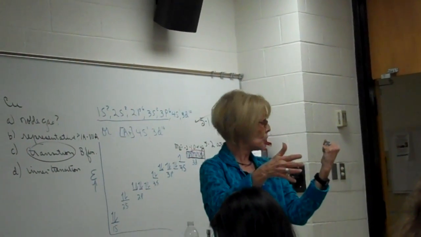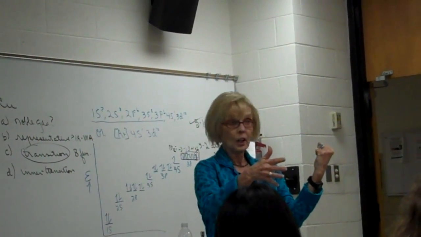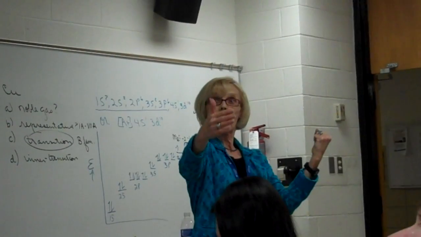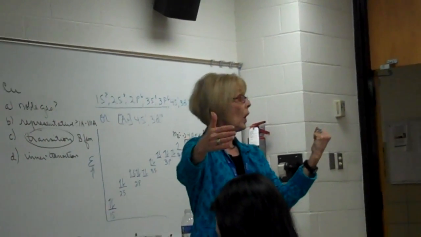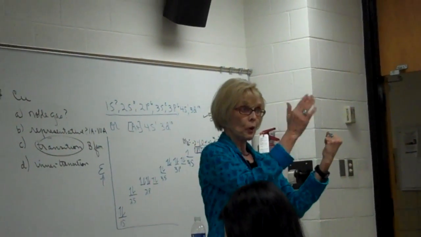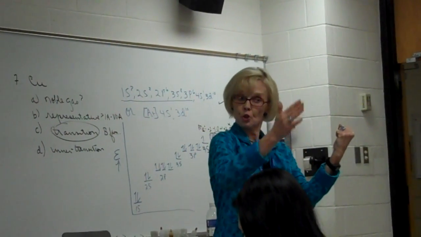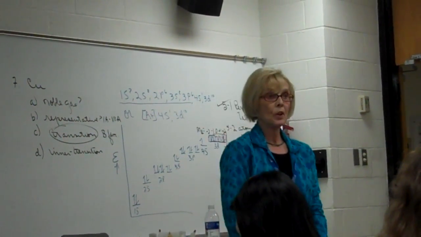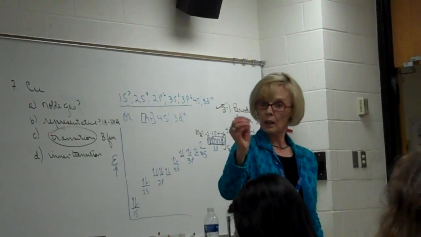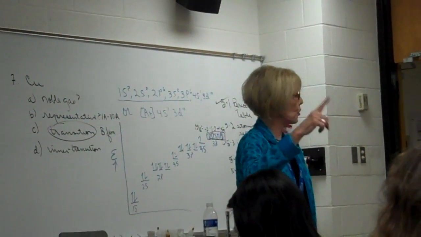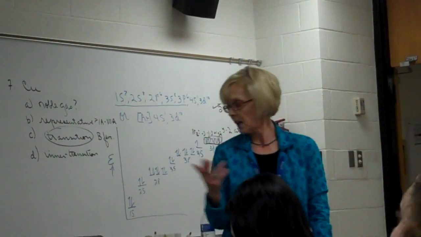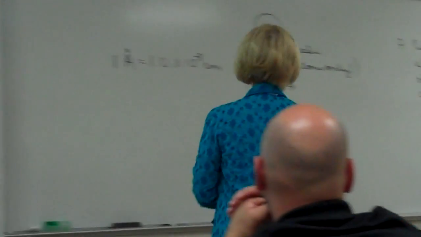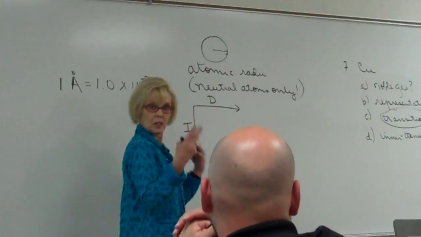If I go to sodium, we have a neon core, and then 3s1. So we've gone from the first major level to the second to the third. So why are they bigger as you go down? Electrons are in levels that are further from the nucleus. That's pretty simple, and sounds good, we'll accept it.